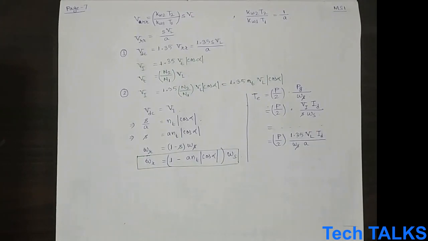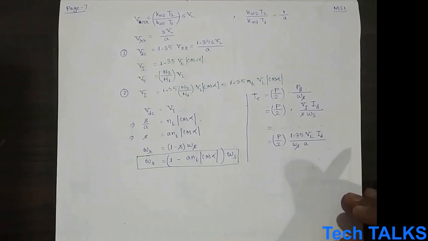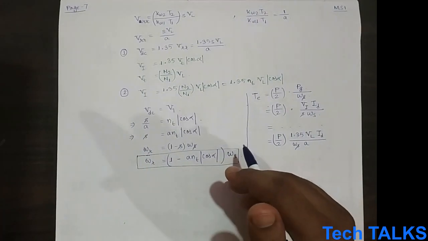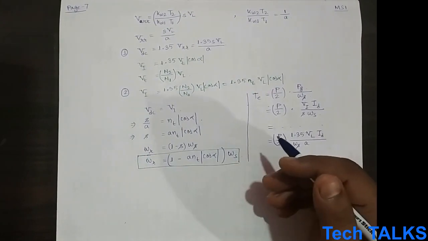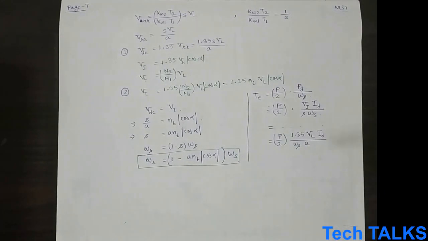Now next, coming to the phasor diagram, how the voltages and current would look like.